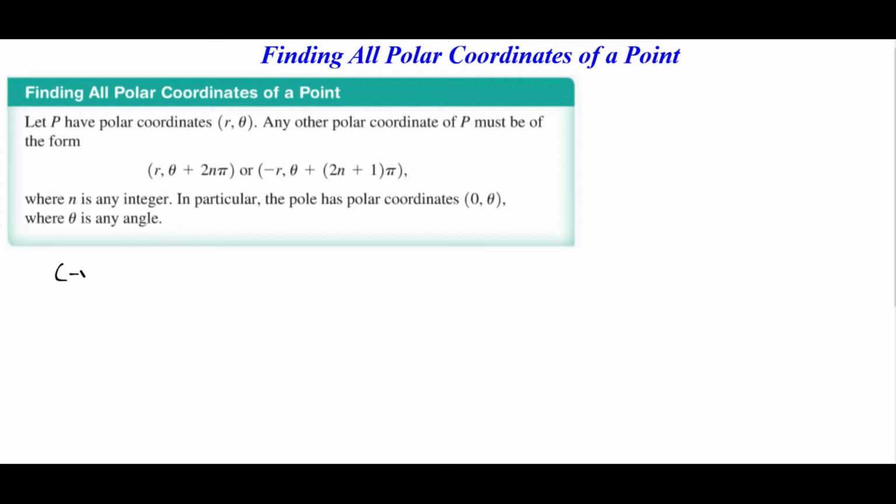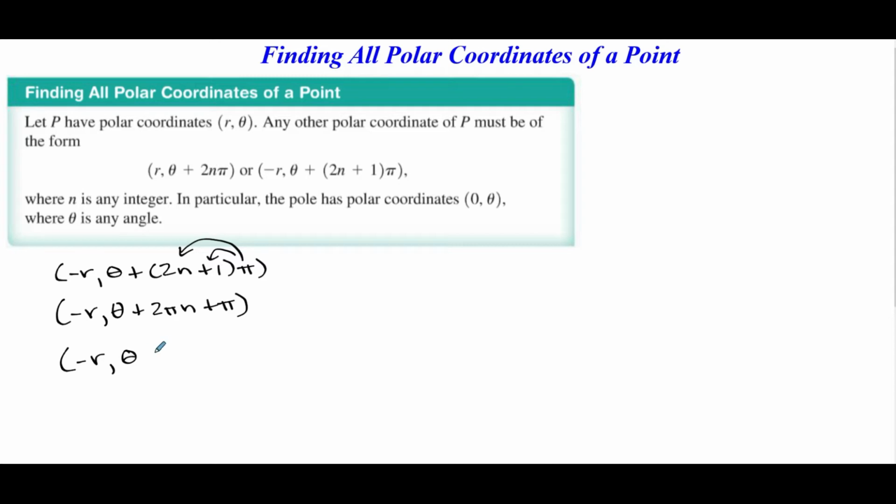If we have negative r, theta plus (2n plus 1) pi, here I'm going to distribute the pi into the parenthesis, so we're going to go plus 2 pi n plus pi. So really this is our original theta plus pi, which is a half circle, plus 2 pi n.